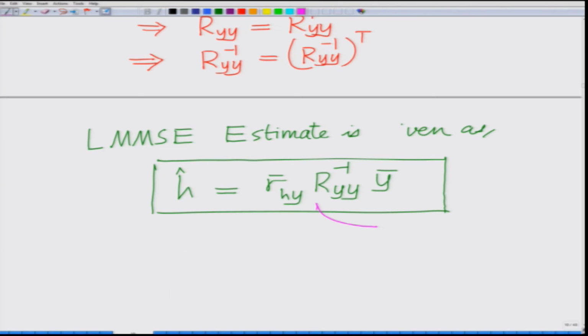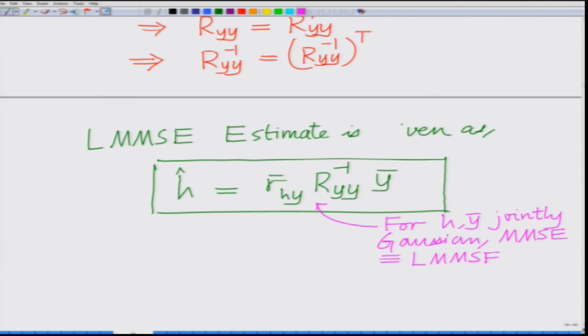So, the point to remember here is for the scenario of h comma y bar jointly Gaussian, your MMSE is identical to LMMSE.